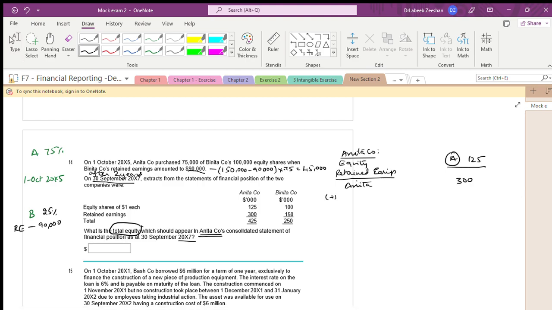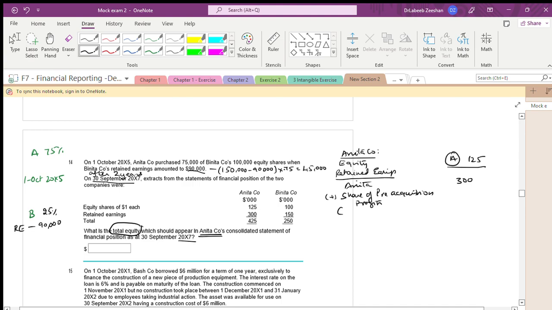Add share of pre-acquisition profits. Is it right?